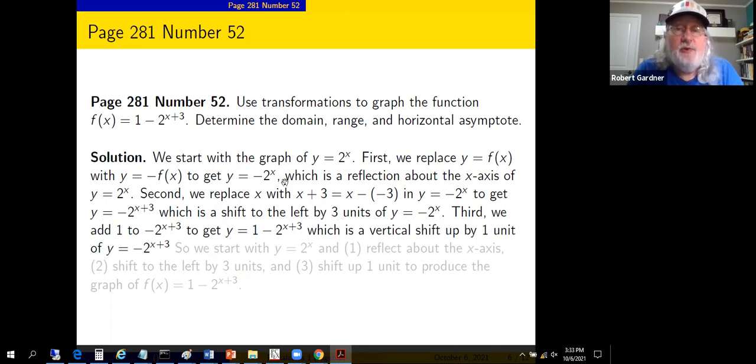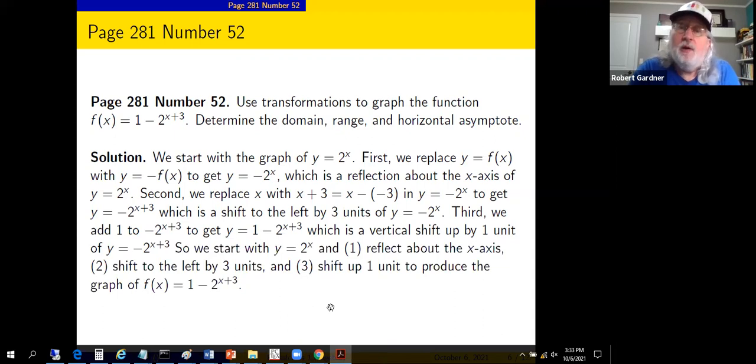So we'll start with 2 to the x. We'll do the reflection about the x-axis to get -2 to the x. We'll do this substitution to get -2 to the x plus 3. That is a shift to the left by 3 units. And finally, we need the 1 in there. We'll add the 1 in. That corresponds to a vertical shift up by 1 unit. So the steps are: start with y equals 2 to the x.